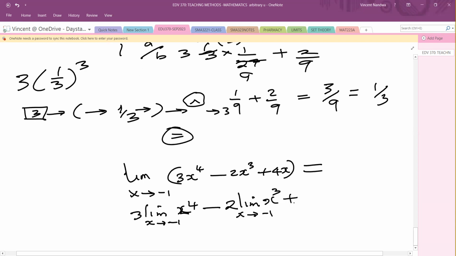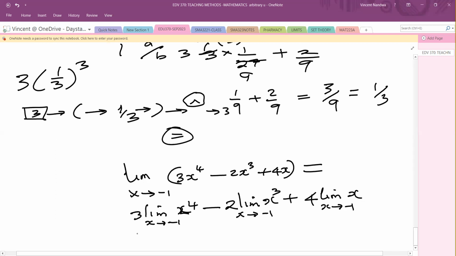x cubed plus limit, it will be like that. Is that what you wanted to say? Yeah, good.